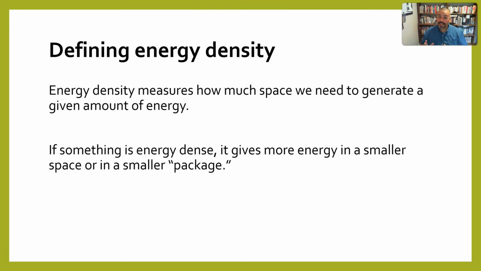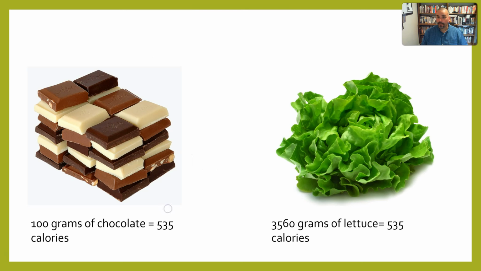But before we get into that, I want to illustrate this idea with a non-global warming example. And this is the example of food. So what I did is I looked up the calorie count, which is a measure of food energy, for 100 grams of chocolate. This would be the size of a 100-gram bar.